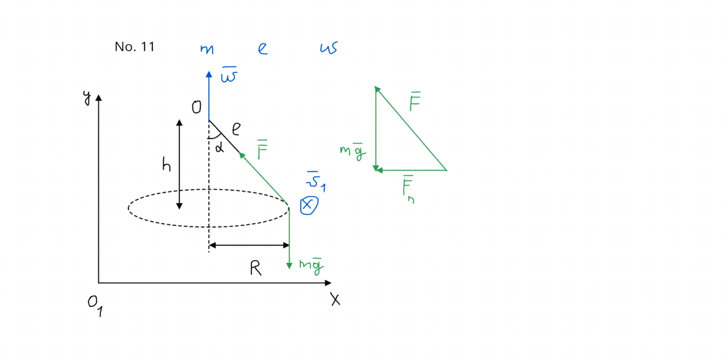When we have a motion around the circle, uniform motion, we always have normal acceleration, because the vector of linear velocity changes its direction.